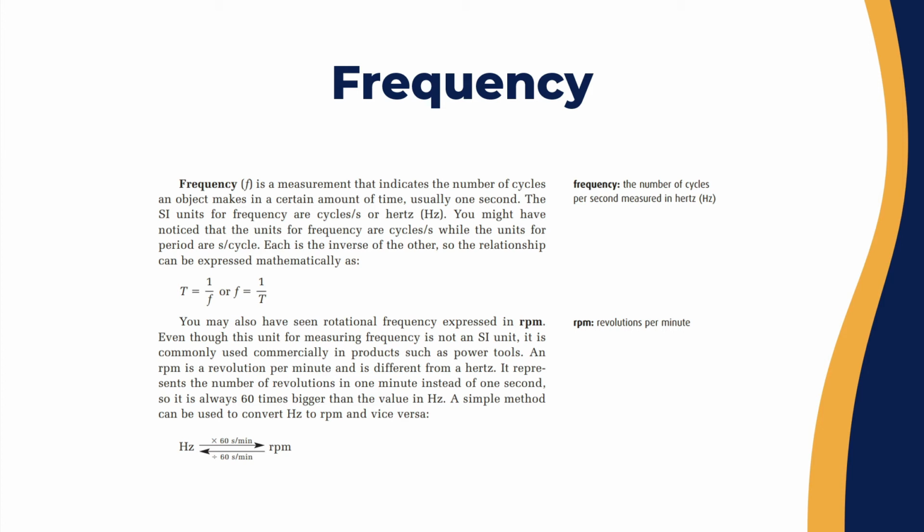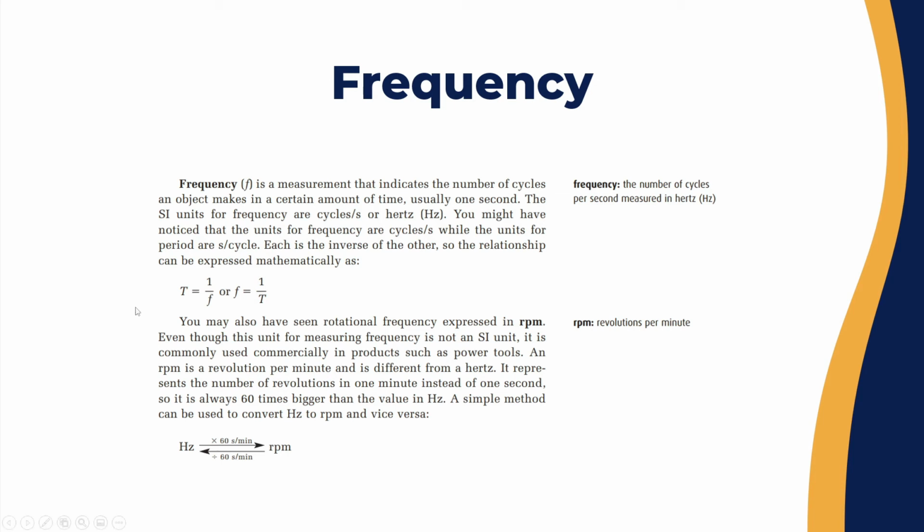It represents the number of revolutions in 1 minute instead of 1 second. RPM is always 60 times bigger than the value of Hertz. So RPM is another representation for Hertz. Hertz is revolutions per second, while RPM is revolutions per minute.